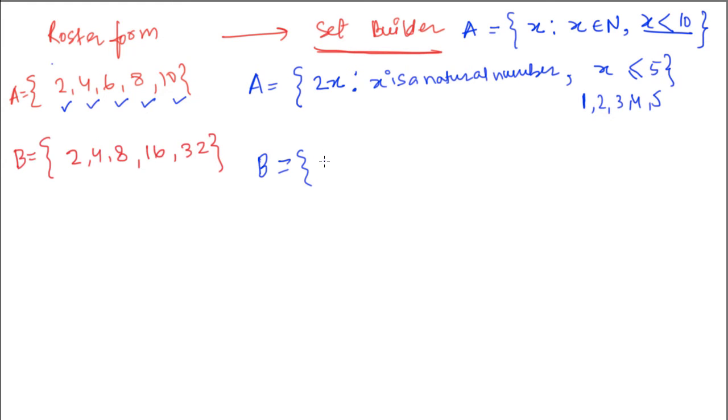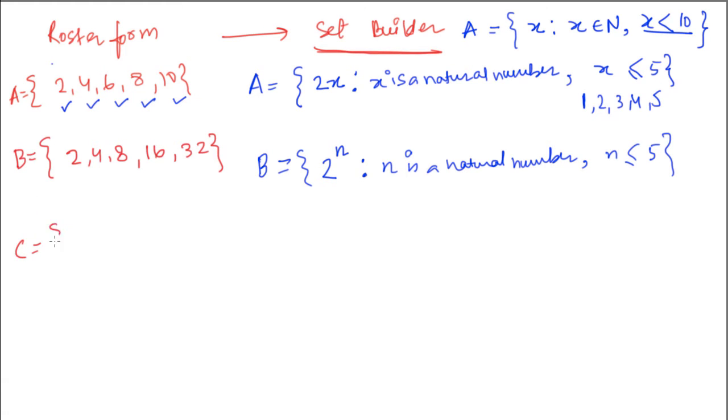So in this set, our elements are in the form of 2 to the power n. Okay. Now the next condition, n is a natural number and n is less than or equal to 5. Clear? Okay.